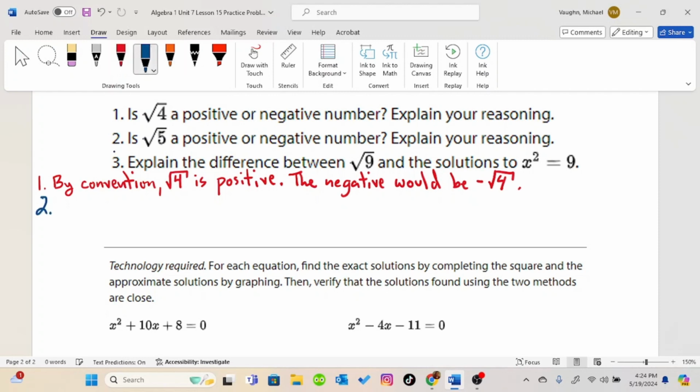Number 2, same thing. Is the square root of 5 a positive or negative number? Explain your reasoning.